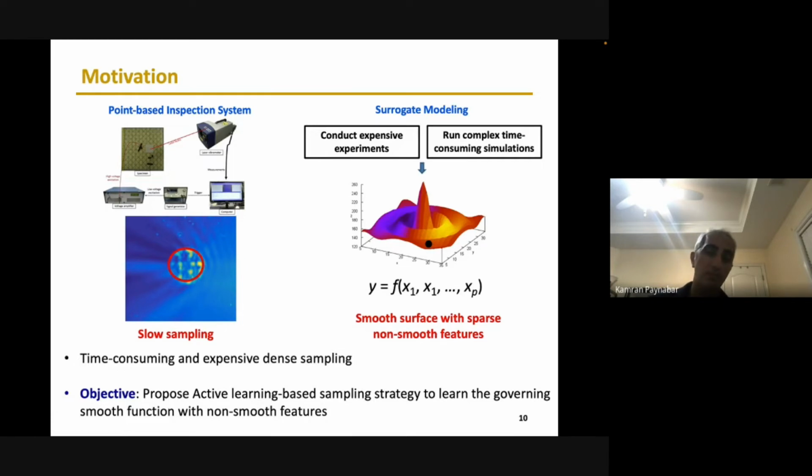That's the problem that we want to solve. Instead of dense sampling, which requires a lot of samples, we want to reduce the number of samples but sample sequentially and intelligently, meaning that based on the result of the previous sample, I decide where to collect the next sample. That's the problem that we are trying to solve.